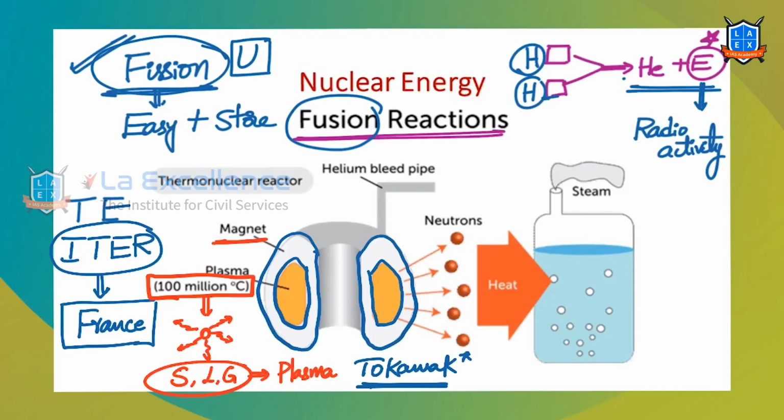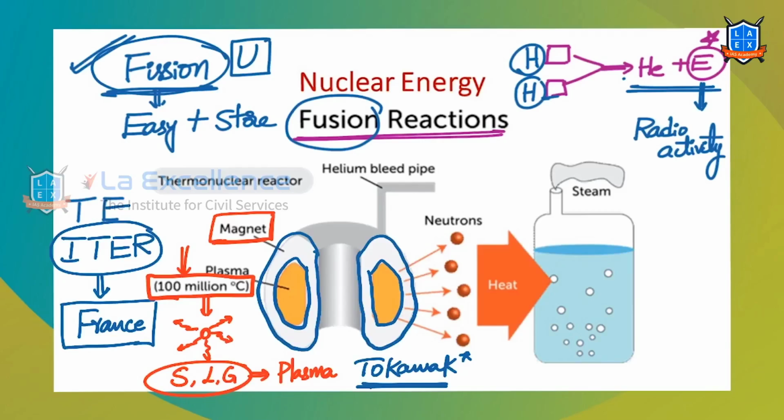Let's see. Here, hydrogen molecules are placed at high temperature. At this temperature, the hydrogen gas converts into plasma. This plasma is heated continuously, and this matter is held with high and powerful magnets.